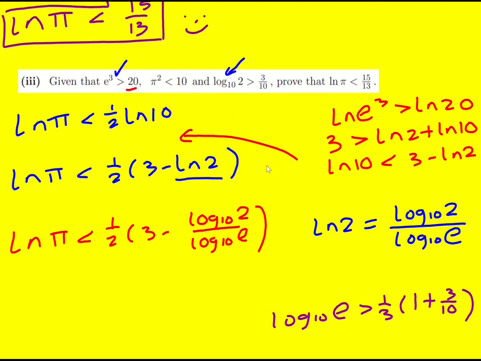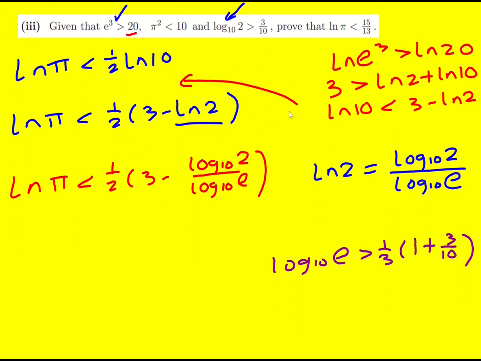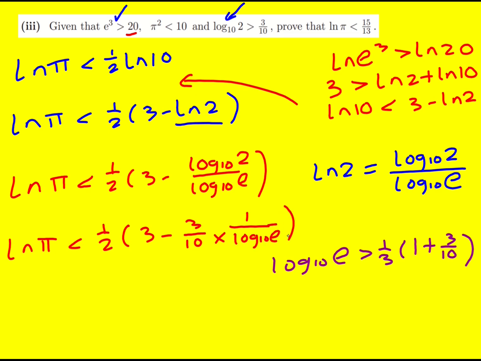Now log to base 10 of 2 is greater than 3 over 10. So ln pi is going to be less than a half times 3 minus 3 over 10 times 1 over log to base 10 of e.